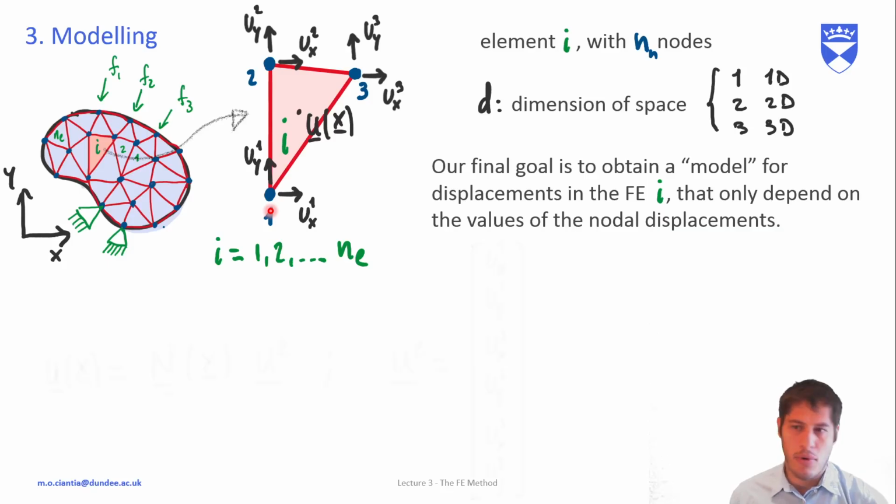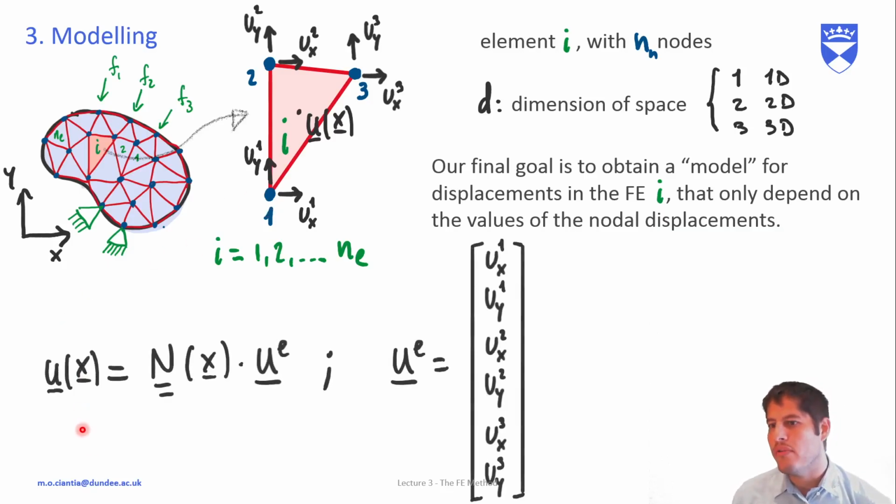In fact, what we do is we introduce an interpolation matrix or a shape function, that basically tells us that the displacement in any point inside our element is equal to this interpolation matrix multiplied by this nodal displacement vector. Okay, so a 6 by 1 vector.